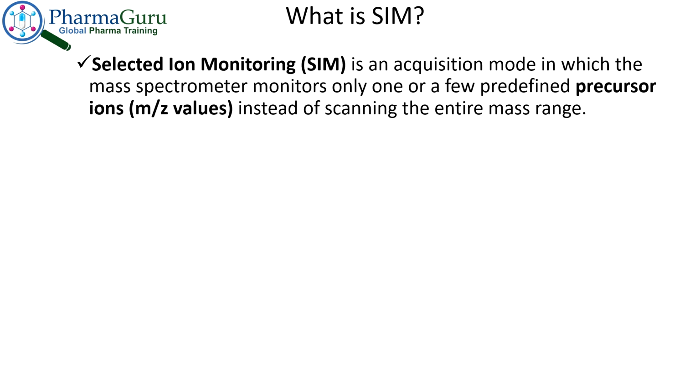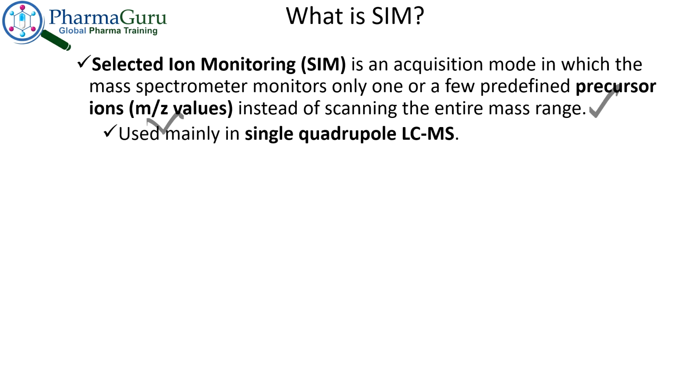What is SIM? SIM, or selected ion monitoring, is an acquisition mode in which the mass spectrometer monitors only one or a few predefined precursor ions with a specific m/z value instead of scanning the entire mass range.